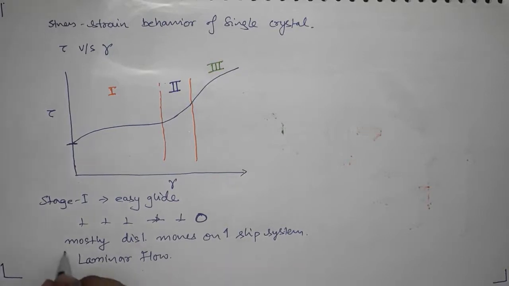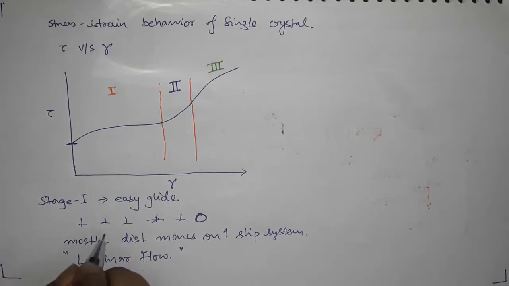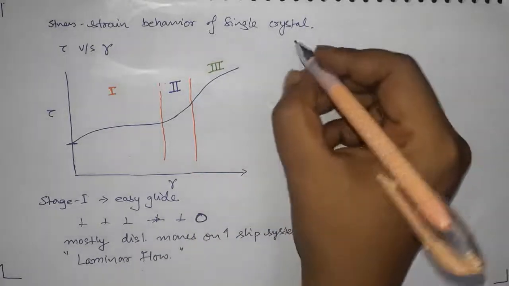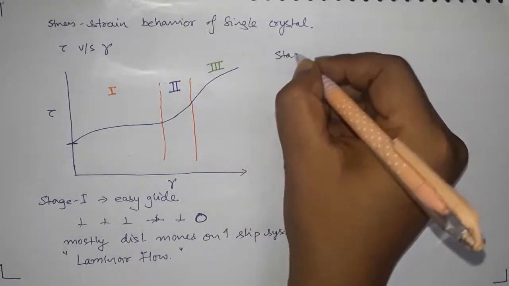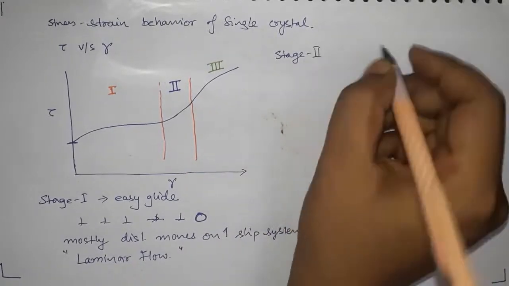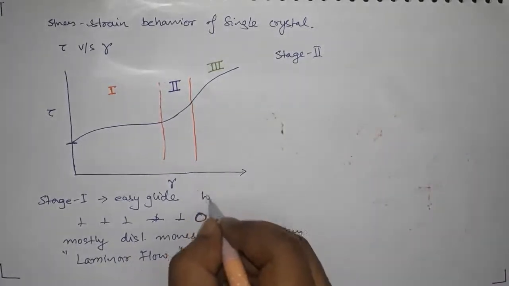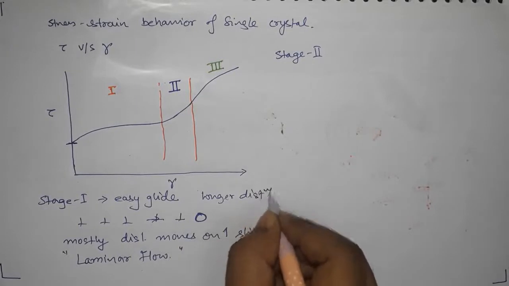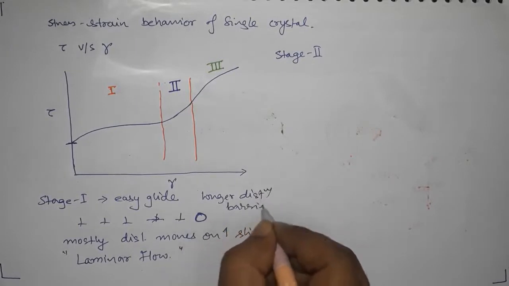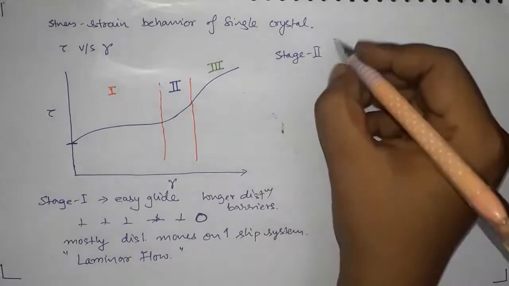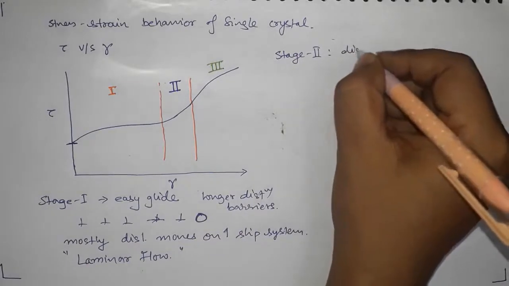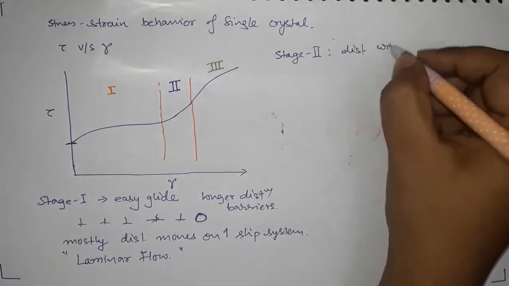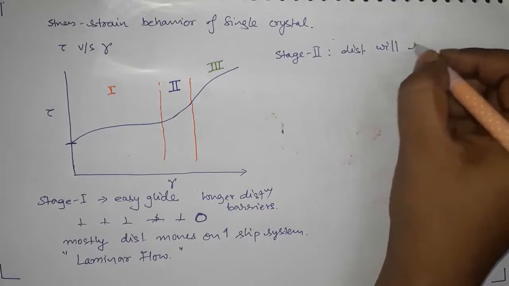And that's why it is called laminar flow, stage 1. In stage 2, what happens is that now dislocations which are moving very easily in stage 1 will now interact with each other. So here you had longer distance barriers, right? But now here what will happen is that dislocations will start intersecting each other, okay.